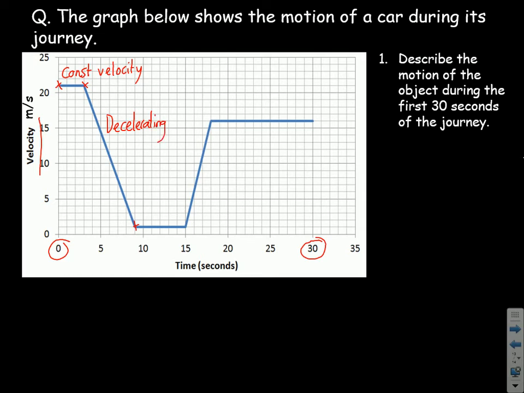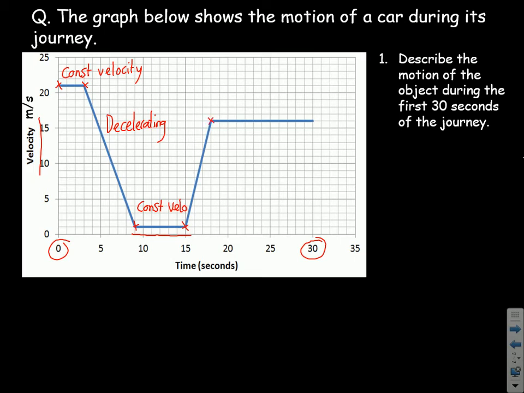Then down here we can see that the object is still moving. It's not quite hit zero. Zero's here. It's not hit zero, so it's still moving, and it's moving at a very slow constant velocity.